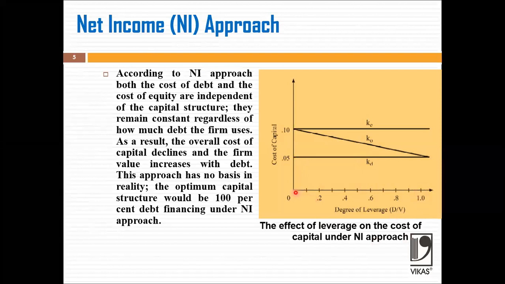When the point moves along the x-axis, the value of debt in the capital structure increases, right? Have you understood that point? So when they increase the debt capital in their capital mix, they will move along this line.